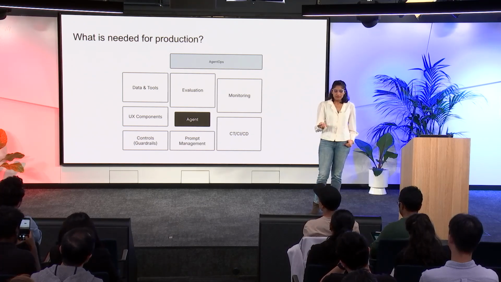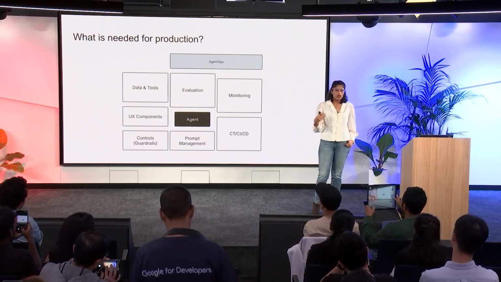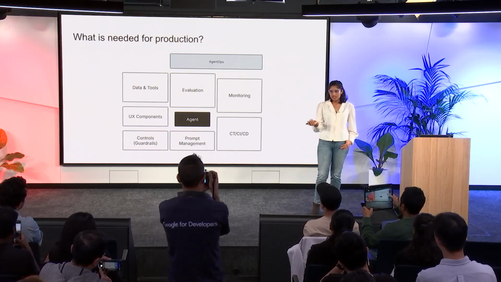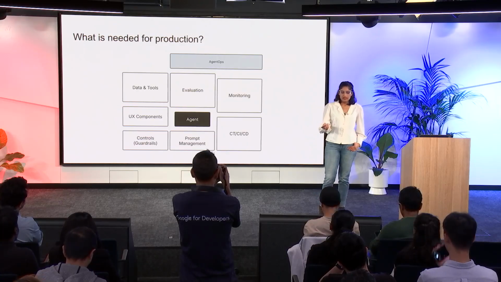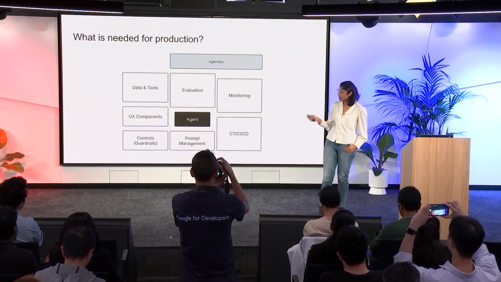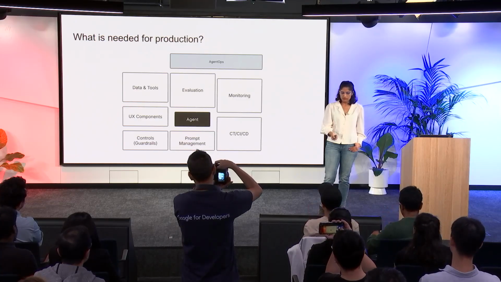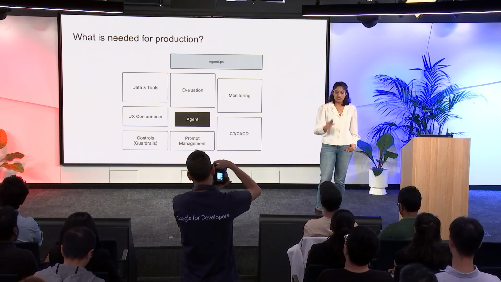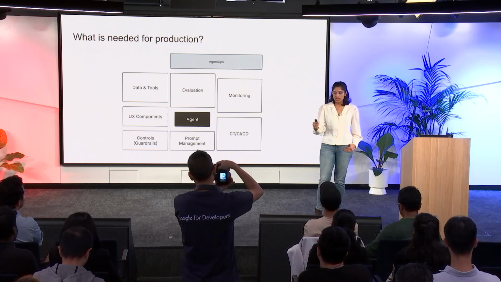Okay, so when we talk about putting agents in production, what's needed? I've highlighted that the agent part of it is very small. The rest of it is pure old software engineering, like really good software engineering. And if you look at this part, which is the agent ops part, I don't know if you can see the pointer, I'm not sure. But anyway, the agent ops part talks about evaluation, monitoring, CI/CD.